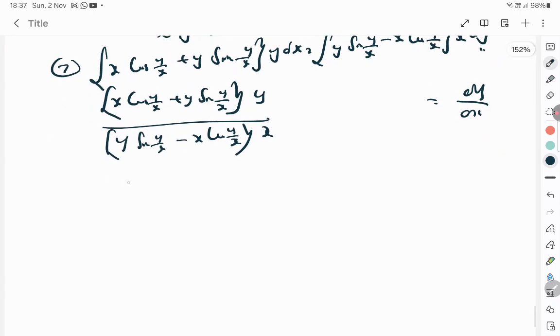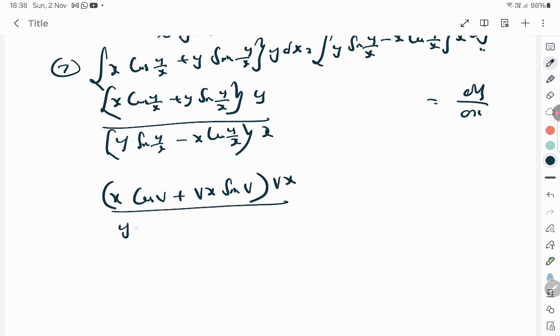So you put y is equal to vx, it will become cos v plus vx sin v, the whole thing multiplied by another vx by vx into sin v minus x into cos v, the whole multiplied by x, x and x get cancelled.